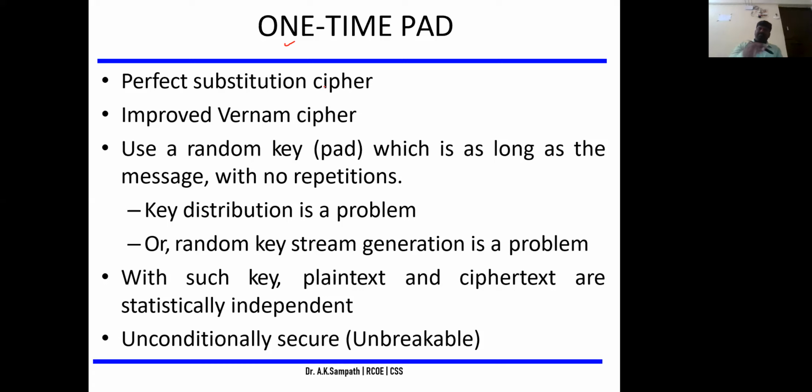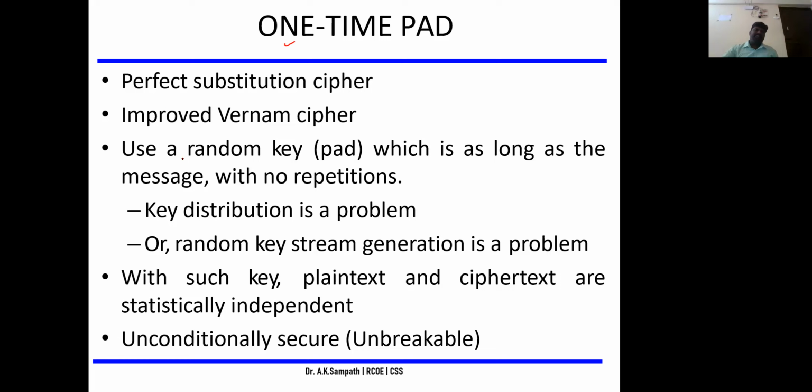But when it comes to the one-time pad, it will not follow any such strategies. The user can randomly select the key, any key, and that can be combined with the plain text and mapped into the ciphertext. Is it clear? There is no restriction with the formula and other things.